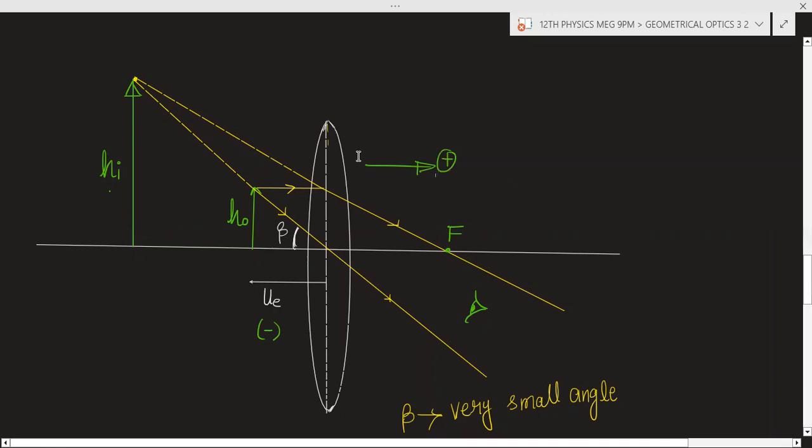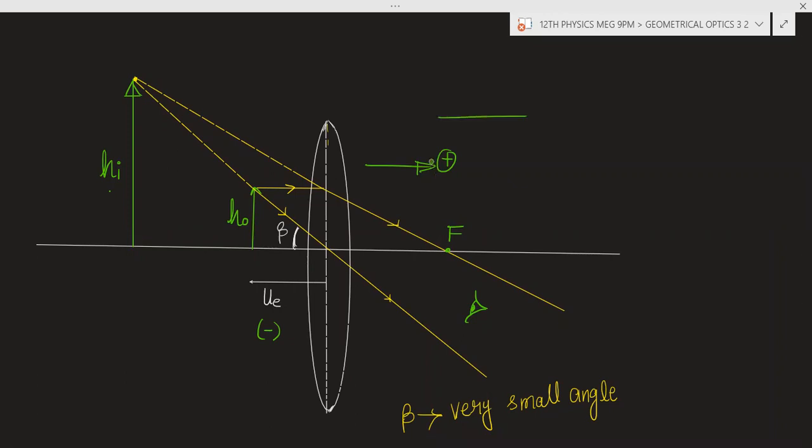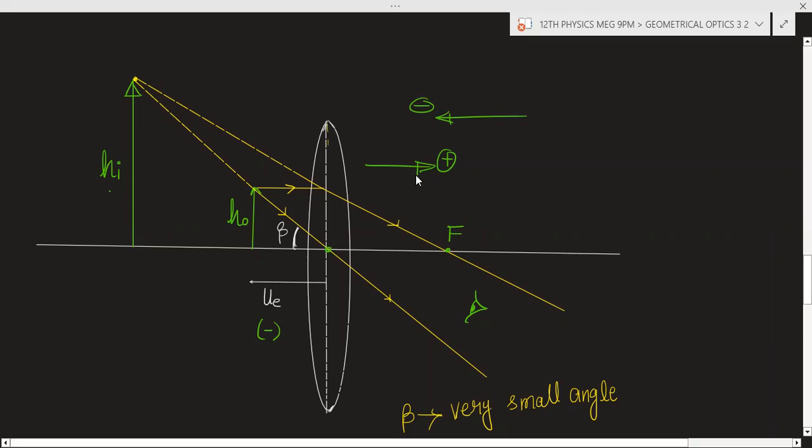If you measure a distance in this direction, it is positive; if you measure it in the other direction, it is negative. Distance is always measured from the optical center. So you measure the object distance in this direction, and this is the negative direction. That is why we take UE as negative. Understood?